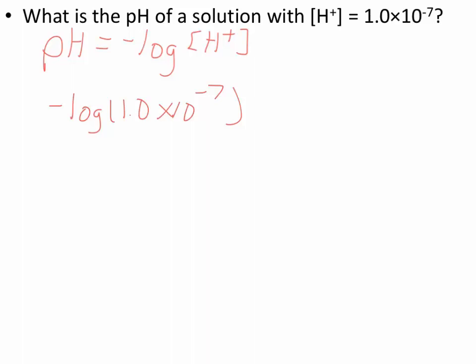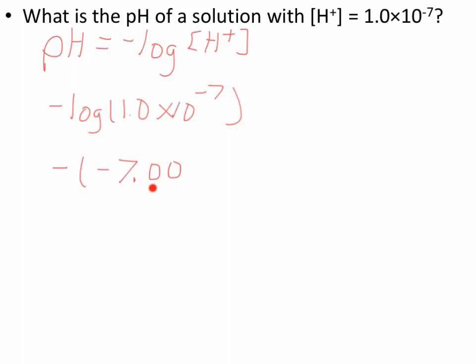So we have minus log base 10 of 1.0 times 10 to the minus 7. Well, the log of 1 times 10 to the minus 7 is going to be minus 7. So we have minus, from a carryover of this negative sign here, and then the answer to our log term there is going to be minus 7. And I'm going to report this to 2 sig figs, because again, here, 1.0 times 10 to the minus 7, we have 2 sig figs, the 1 and the 0.